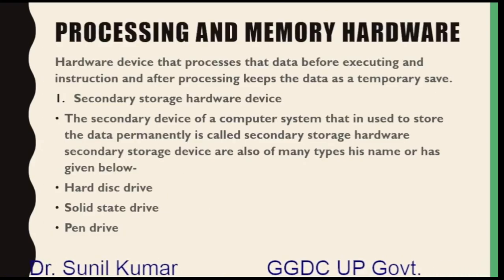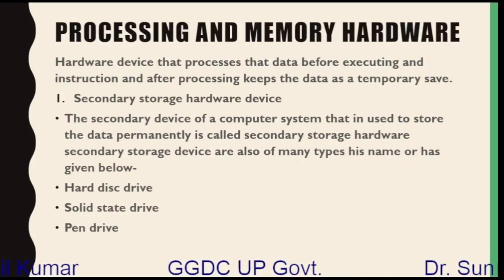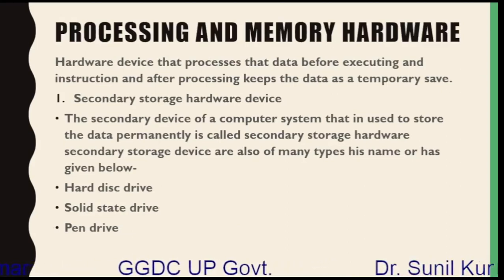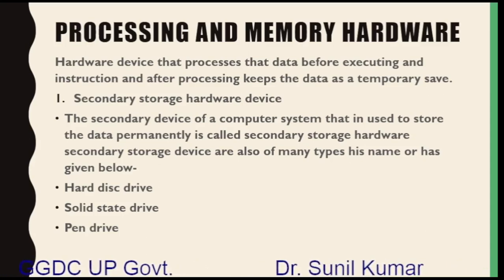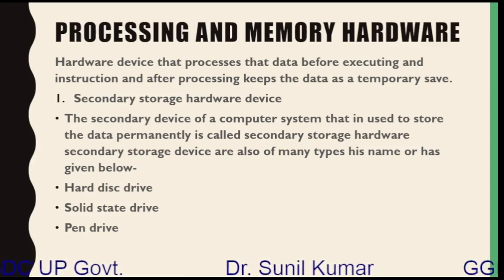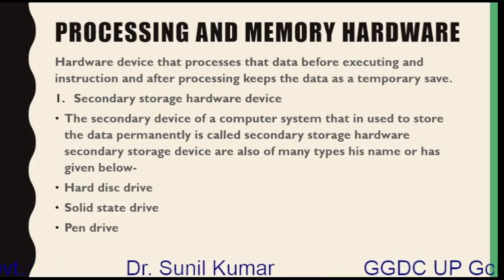Processing and memory hardware: hardware devices that process the data before executing an instruction, and after processing keep the data in a temporary form. Next is the secondary storage hardware device.